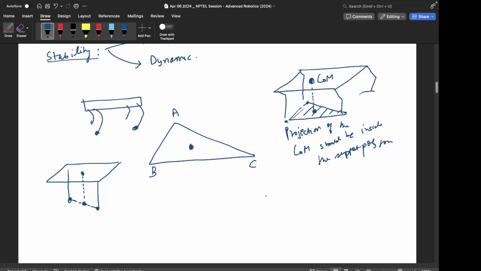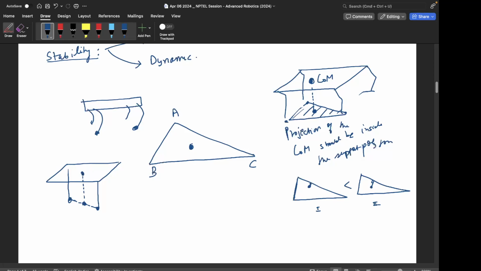So for instance, if the support polygon is like this and the center of mass is here, let's say this is configuration 1, and again the support triangle is like this and the center of mass is here, then you can say intuitively which is more stable, right? So this one is more stable. Why? Because this point lies further inside the support polygon than this point.